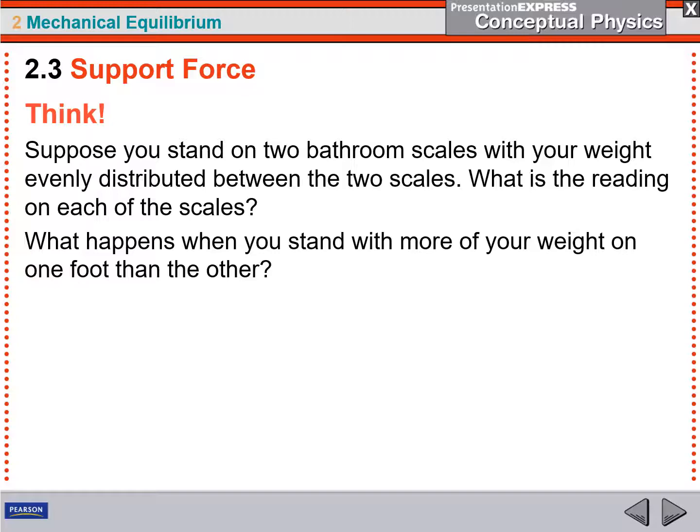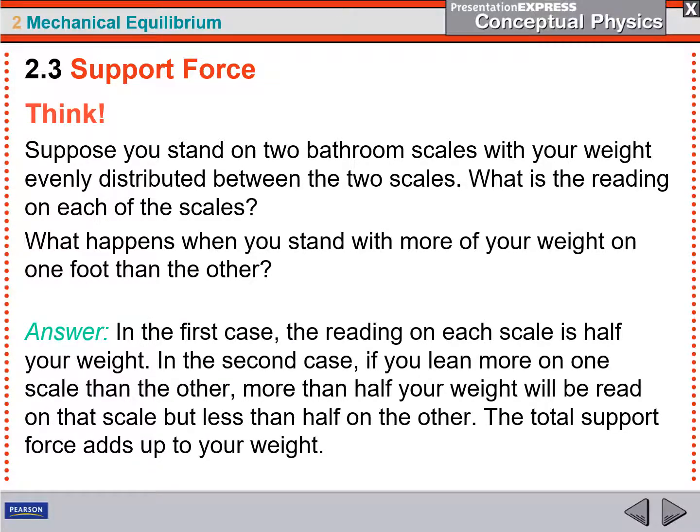Do you think the scale would show that? It sure would. When you have your weight equally distributed between 2 scales, the reading on each scale is half your weight. But if you put a lot of weight on one leg or the other, then that side will have a much greater reading than the other. But in both cases, they should add up to your weight.